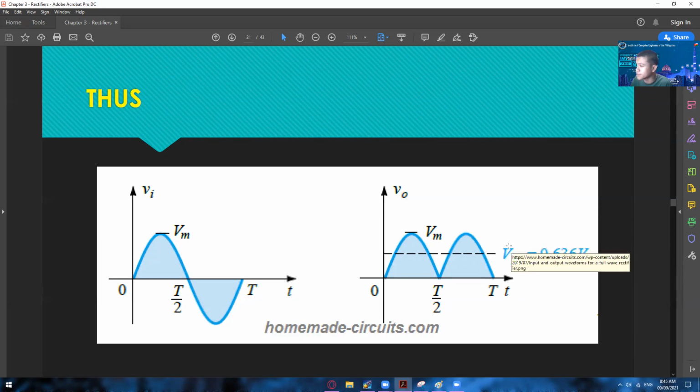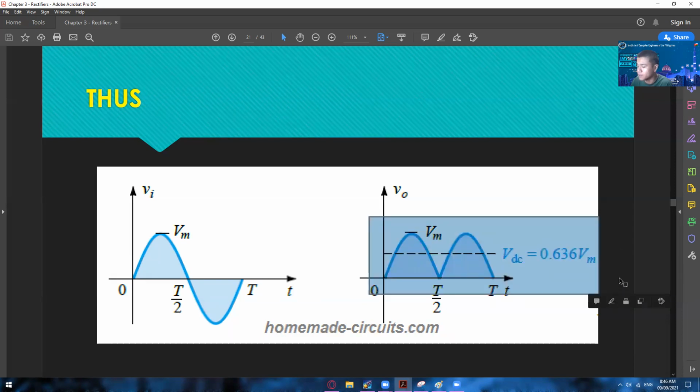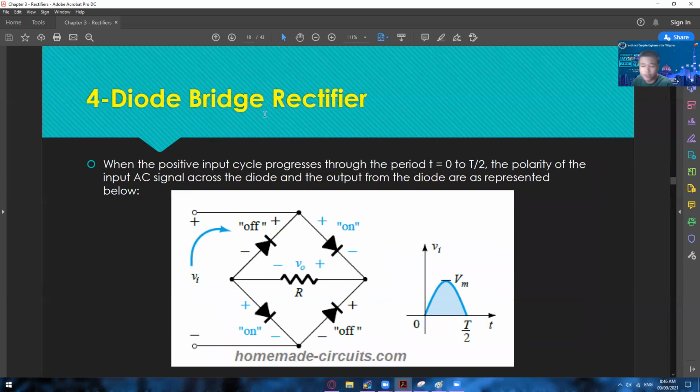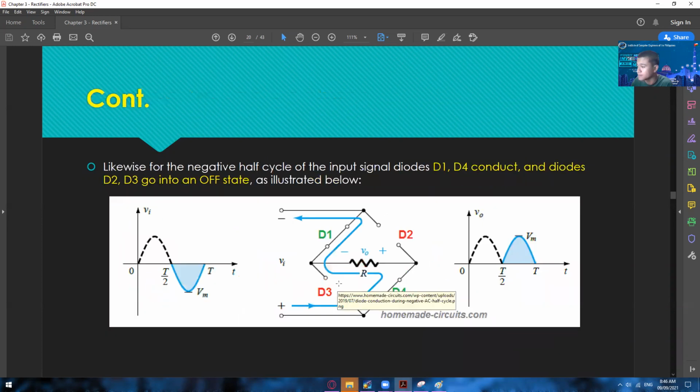So that is the DC reading when it comes to a full wave rectifier, or specifically the 4-diode bridge rectifier. Of course, you can add more, like having 2 diodes on this one and another 2 diodes on this one. But then again, you'll have a higher voltage drop and a lower average DC output.